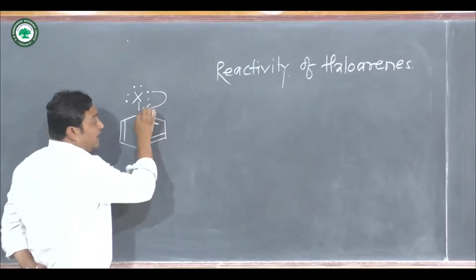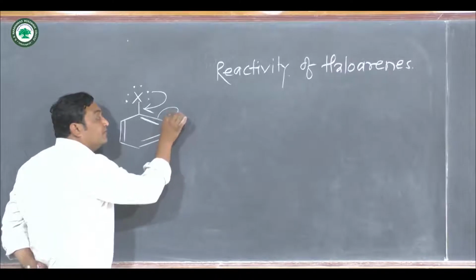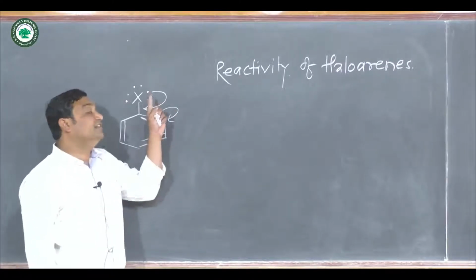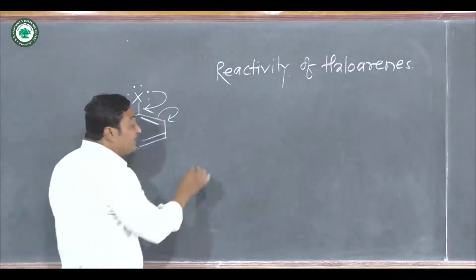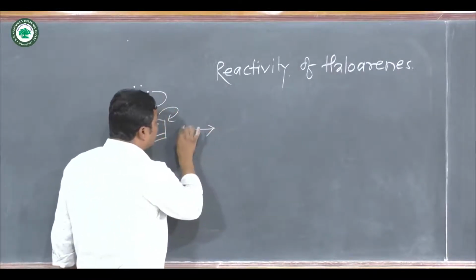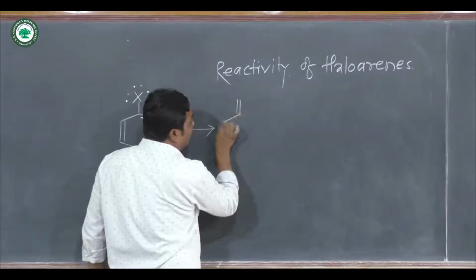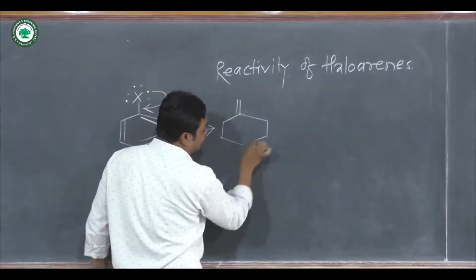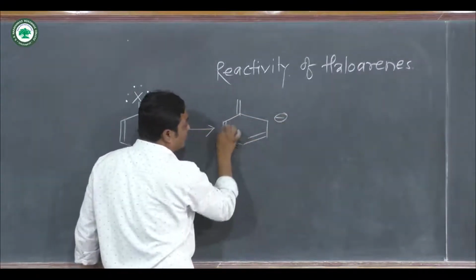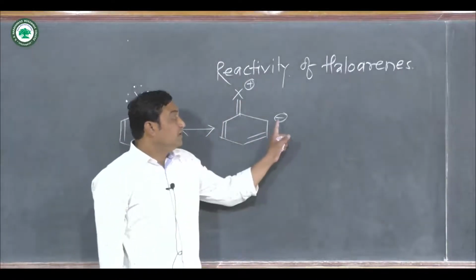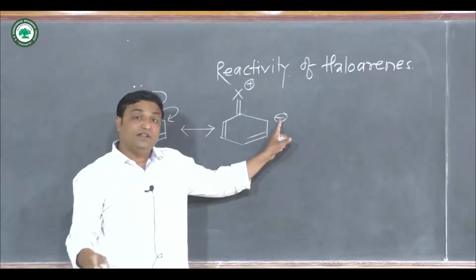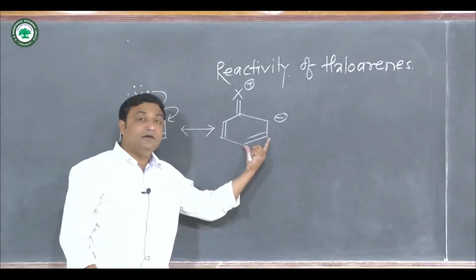This lone pair firstly delocalizes with this pi bond to give the first resonating structure, which is shown here. Now this negative charge is in delocalization with this pi bond.